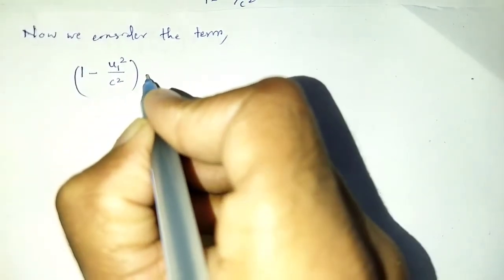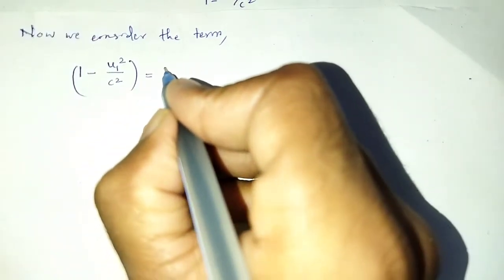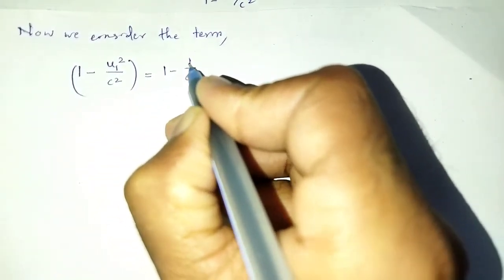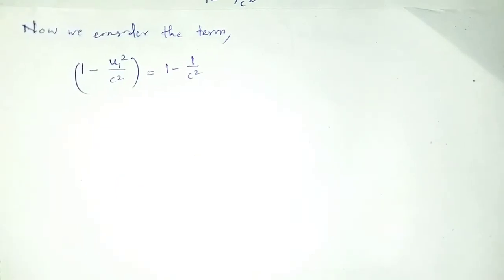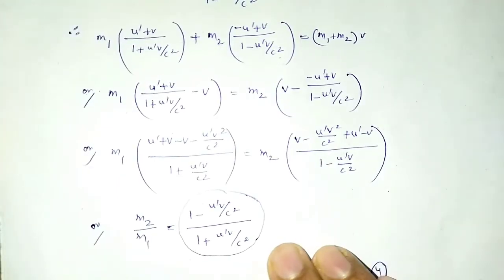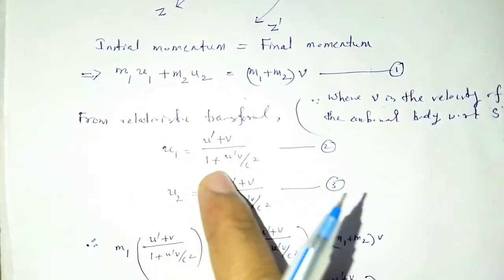Now we consider the term 1 minus u1 square by c square. We can write this term as 1 minus 1 by c square, and in place of u1 we use that value.